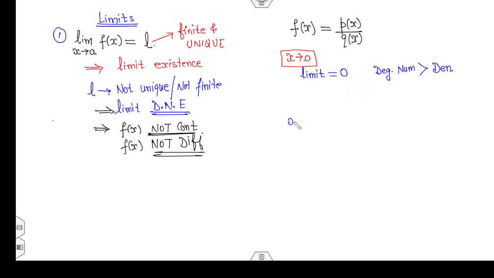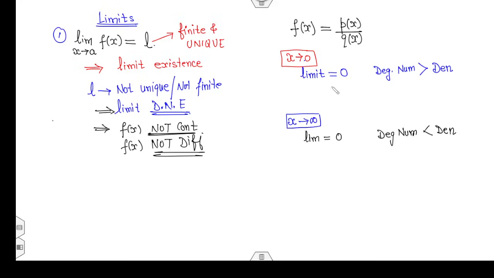On the other hand, if you are talking about the limit as x approaches infinity, then this result will be reversed. The limit will be 0 whenever the degree of the numerator is less than the degree of the denominator.